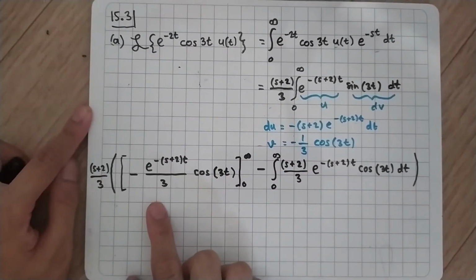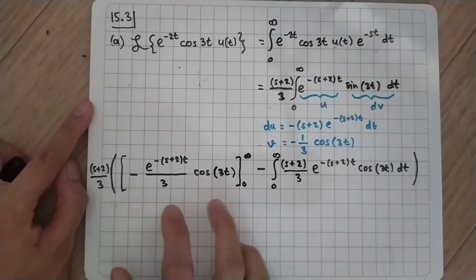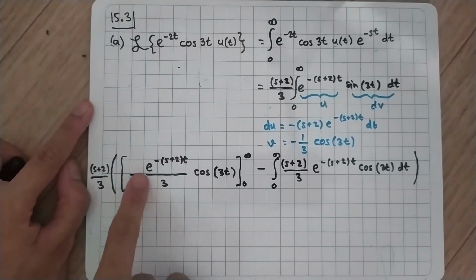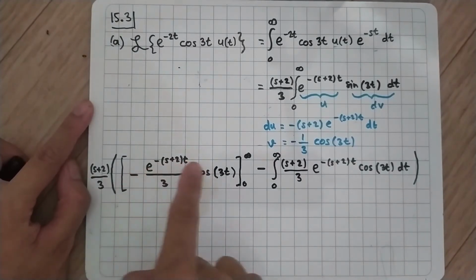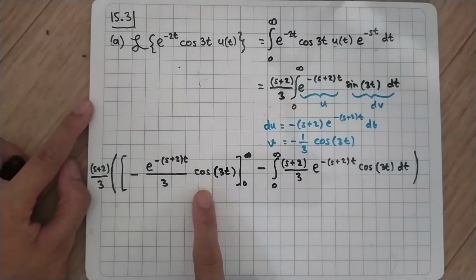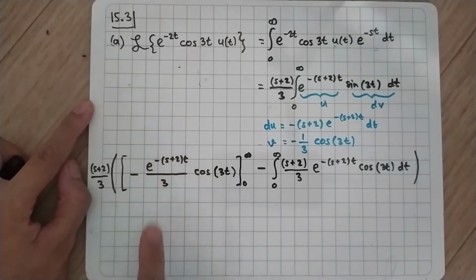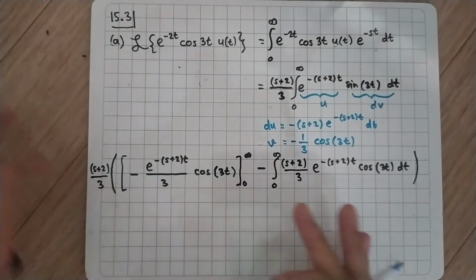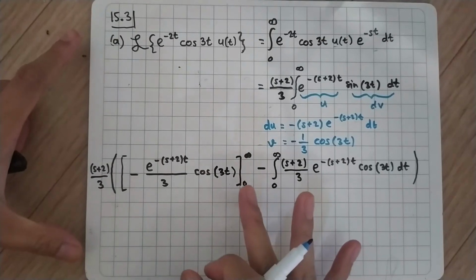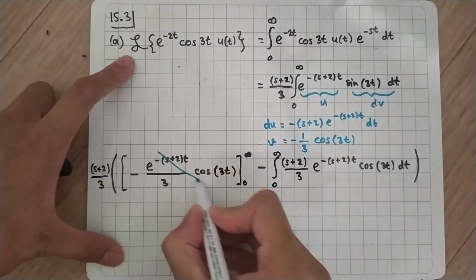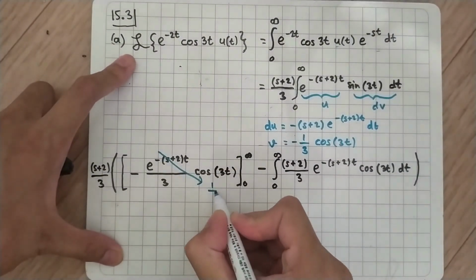So this is our uv parts, and if we plug infinity here, we will get 0, because this e to the minus this one will be 0, and when it is 0, cosine 0 will be 1, and this will be 1/3. So I will have this term here is equal to 0 minus 1/3. I mean 0 minus 1/3. So all of this will cancel out to 1/3.